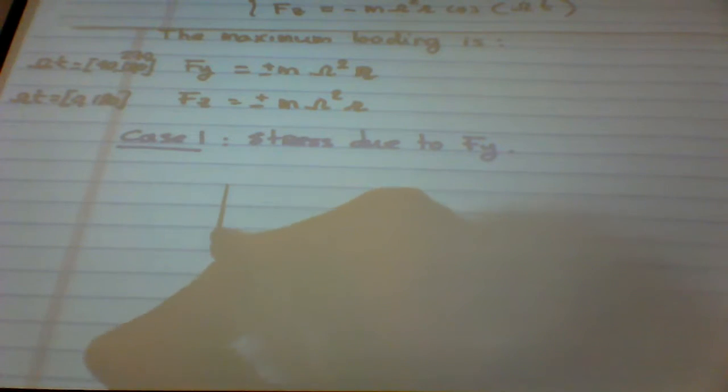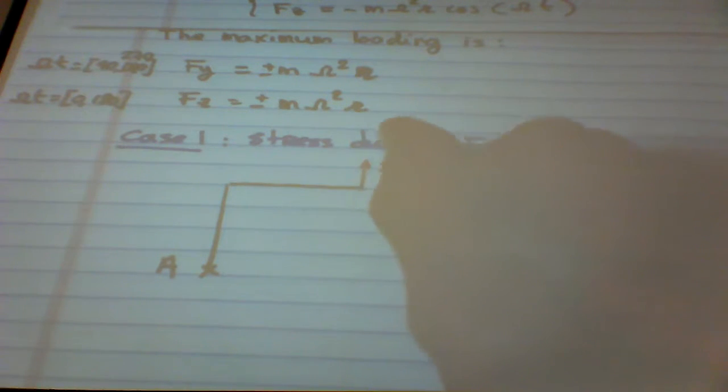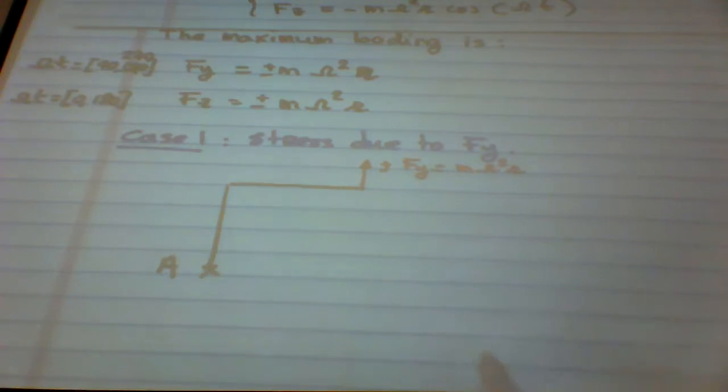If we do the figure over here, this would be our point A. Fy can be up or down, it doesn't matter. Let's say it's up, so plus minus Fy equals m omega squared r.